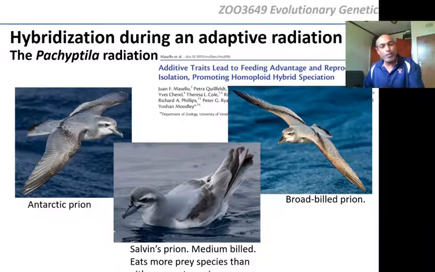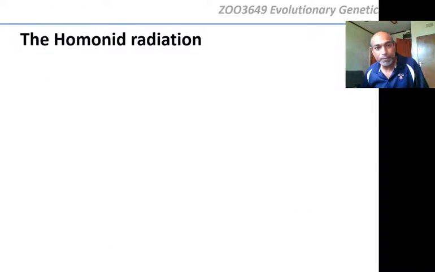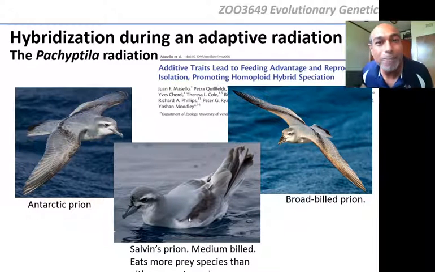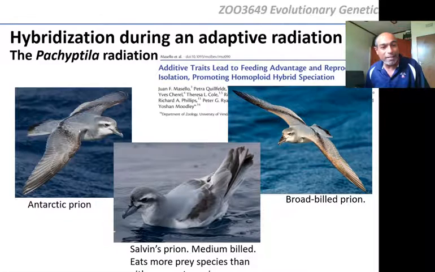And so we discovered that Salvin's prion is a hybrid species. It's actually the Antarctic prion mated with the broad-billed prion, and the hybrid was this not a thin bill, not a wide bill, a medium bill species.